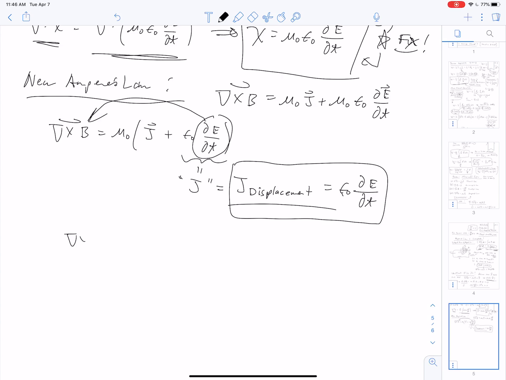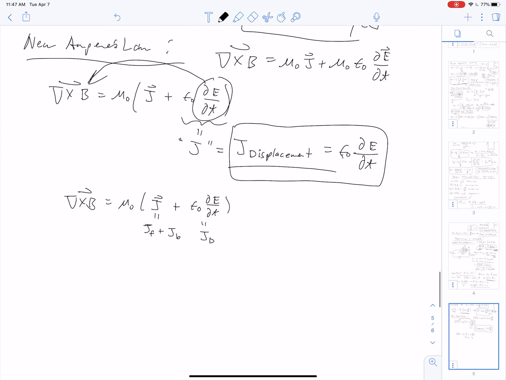So we have del cross B is equal to mu naught J, the normal current, which is normally J free plus J bound. But now we have to add on a new one, which is epsilon naught dE dt, which we'll call JD for displacement.